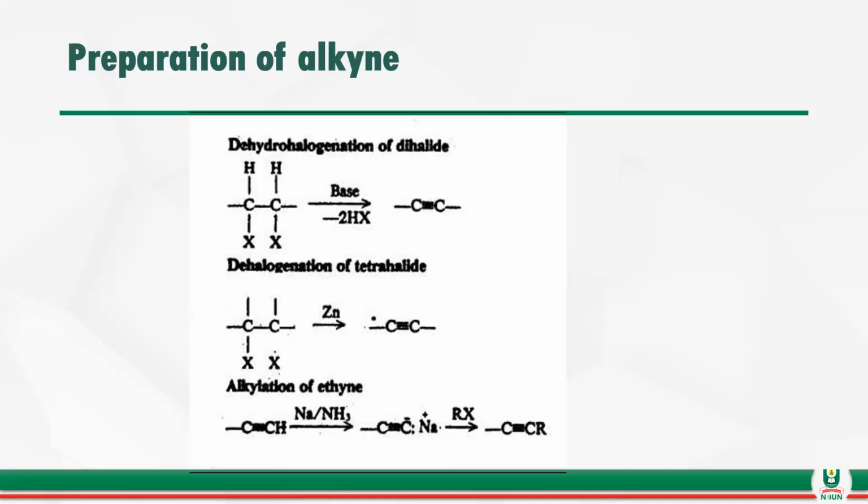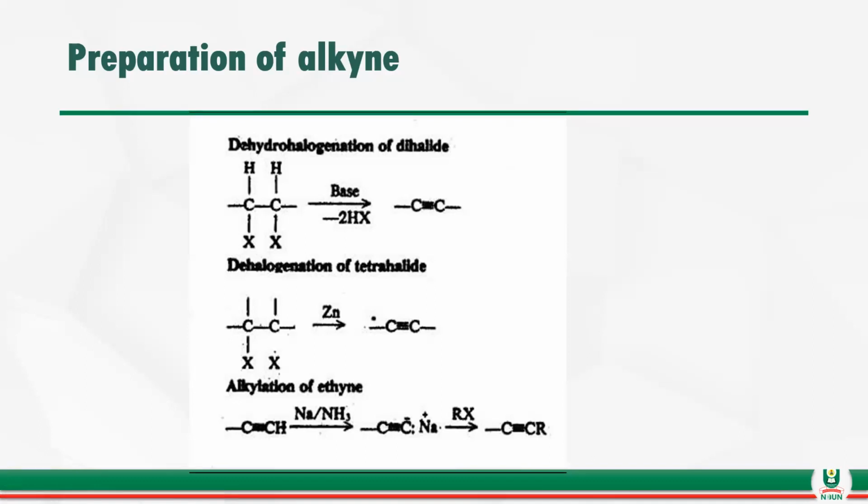If we want to prepare an alkene, we can do that by dehydrohalogenation of a halogenoalkane. Do you remember what I'm saying? Okay.